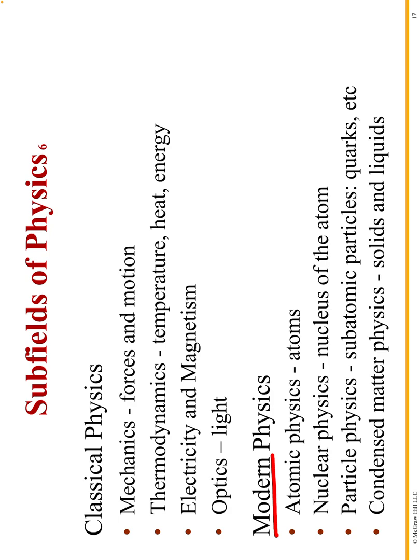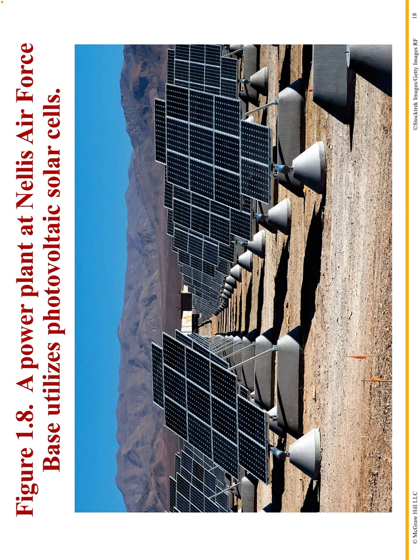Nuclear physics was a big deal in the early 1900s. Particle physics is where we get into even the subatomic particles of the atom. And then condensed matter physics has to do with our different solids and liquids.